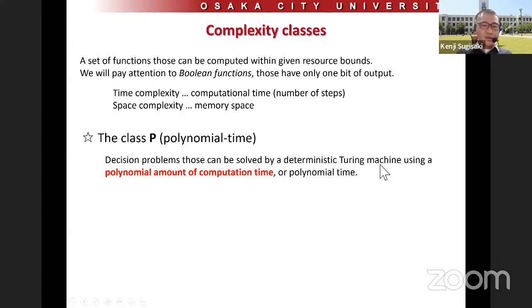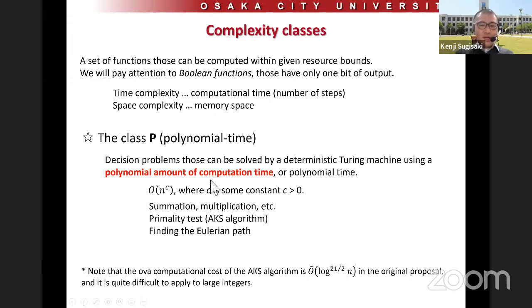So the scaling of a problem in complexity class P should be order n to the c power, where c is some constant other than 0. And the complexity class P includes, for example, summation, multiplication, primality testing, and finding the Eulerian path.